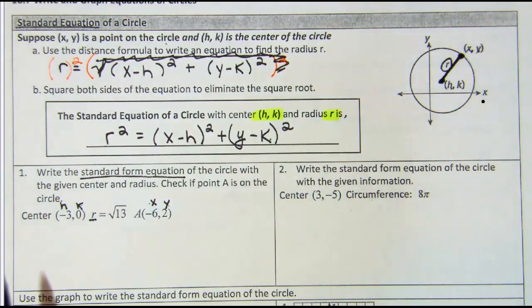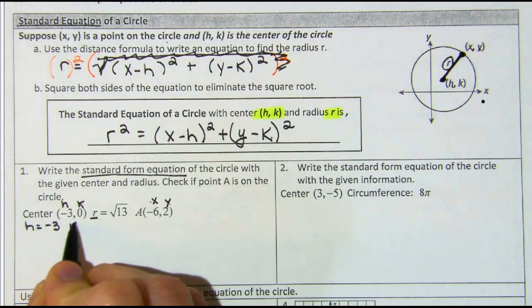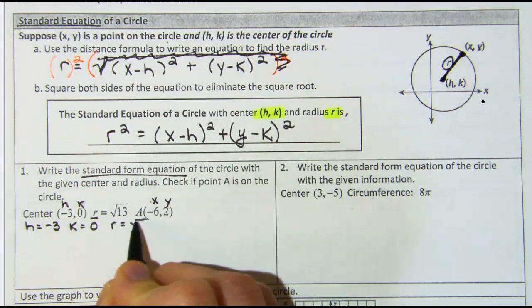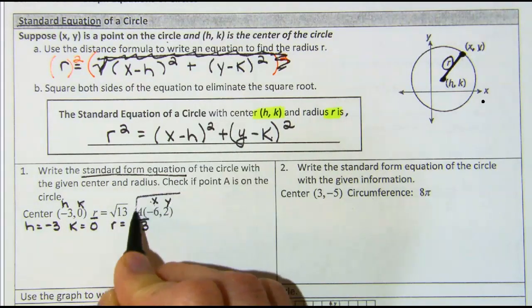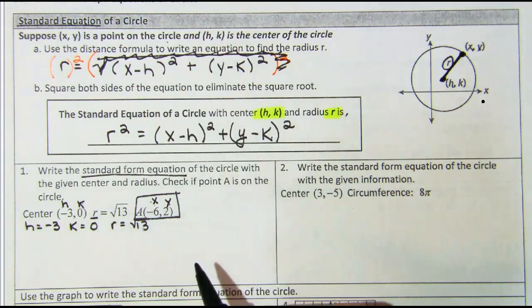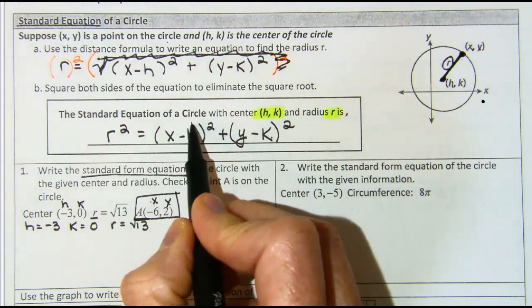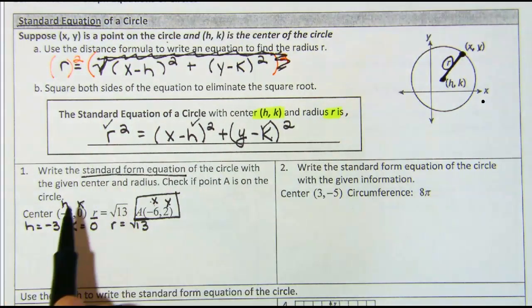So here I have h is -3, I have k as 0, r of course is square root 13, and then I've got my x and y. Now this right here, we're going to hold off on that because if we're writing an equation, we have to have our x, y variables in there. So I'm going to substitute h, k, and r. So these are the three most important ones.